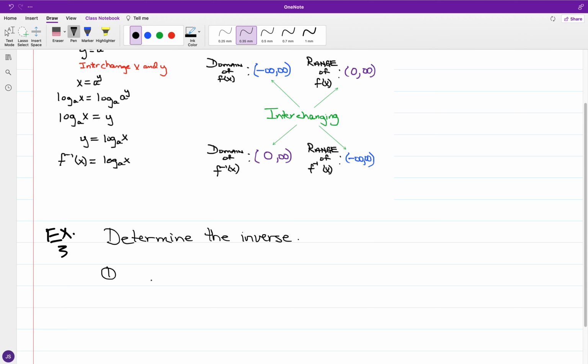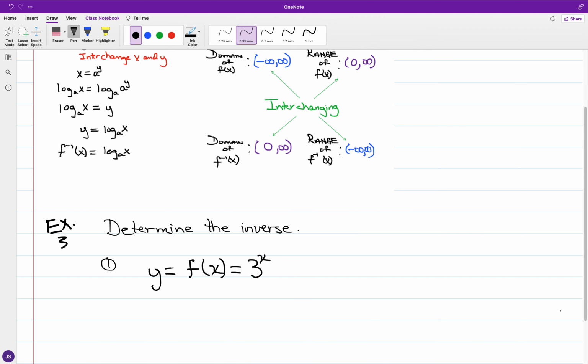So just for starters, if I'm looking for the inverse, let's say y is equal to f of x is equal to 3 to the x.